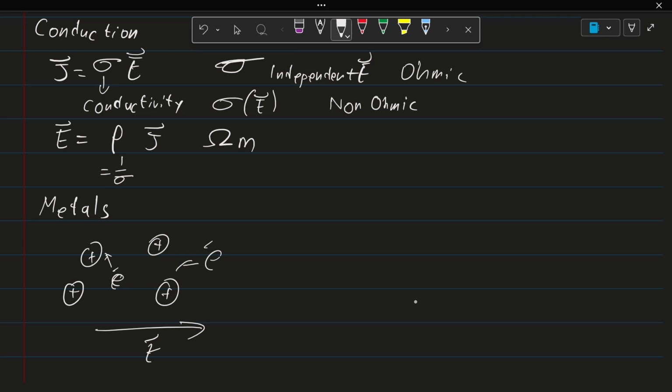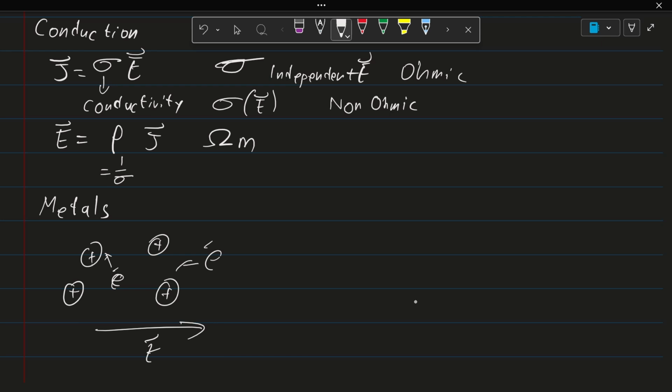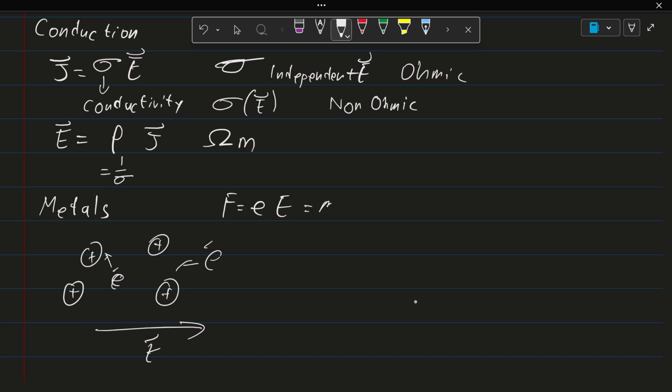There's a very interesting question when you're dealing with this model. If you apply an electric field to an electron, you know that the force is the charge of the electron multiplied by the electric field, and this is pretty much ma.